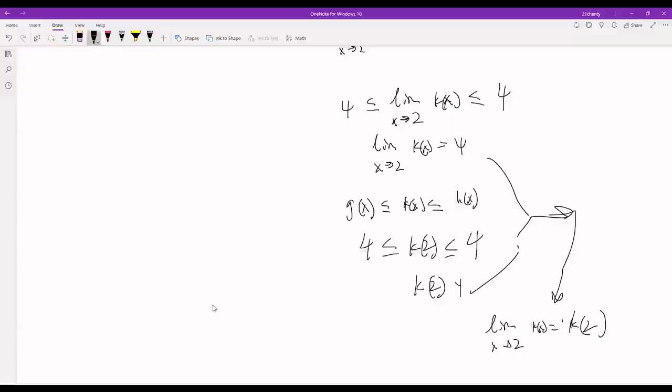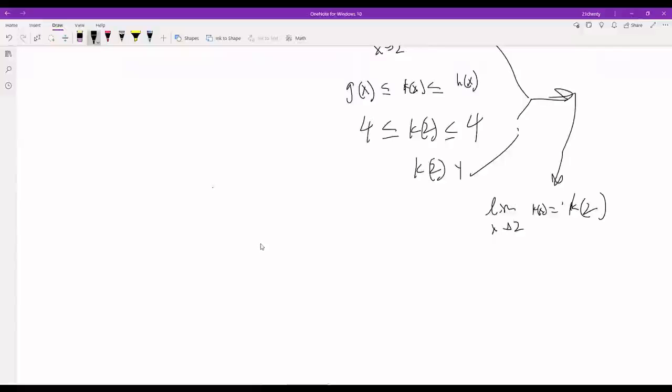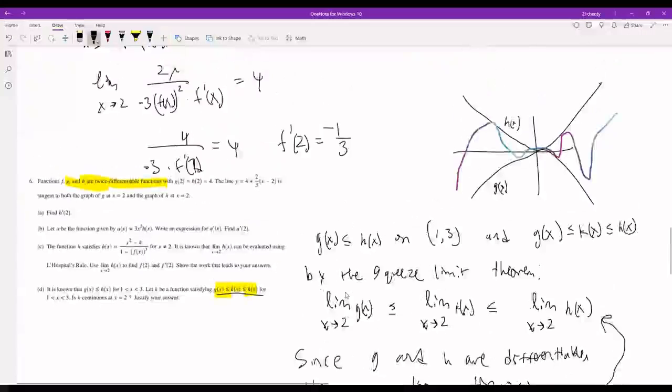And that is the definition of continuity. So k of x is continuous at x equals 2. That is our justification. So hopefully that was helpful.